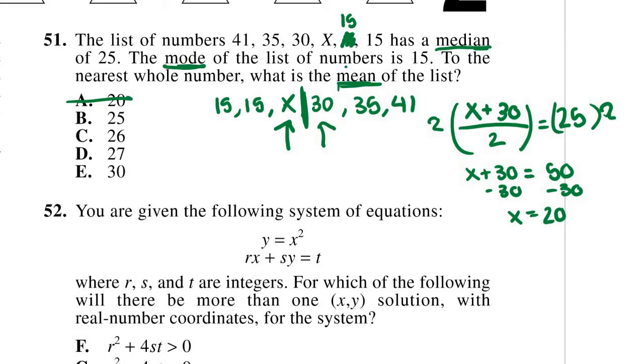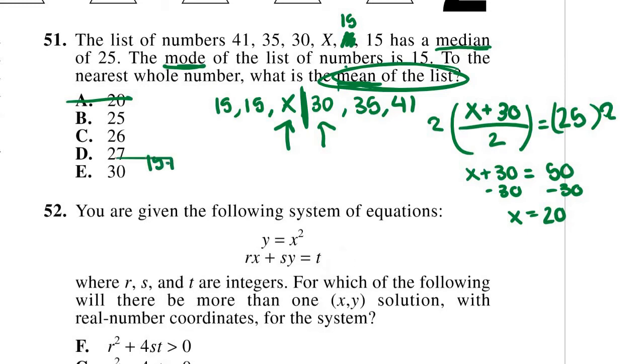This is not the mean of the list, which is what this question is asking for. I think these are kind of mean questions, but they ask them frequently, where they try to trick you. So what is the mean of the list? The mean is just the average. So now we can find the average of all our numbers.